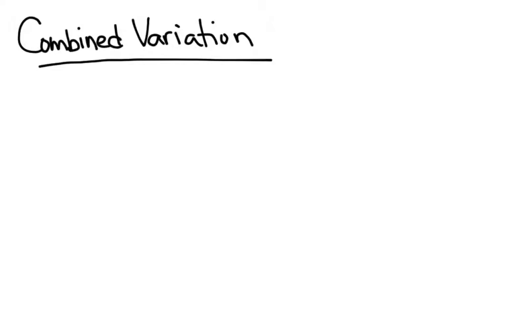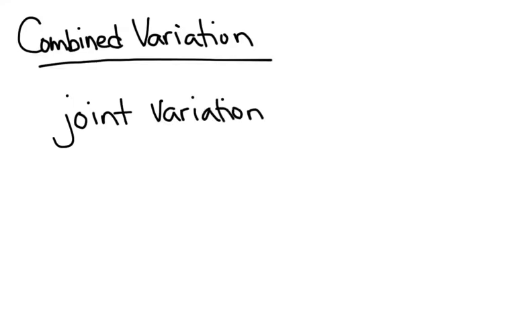Sometimes we have equations that combine both variations, both direct and inverse. When we have more than one variable being multiplied by the constant of variation, we're going to call that joint variation. Joint variation really is just direct variation.